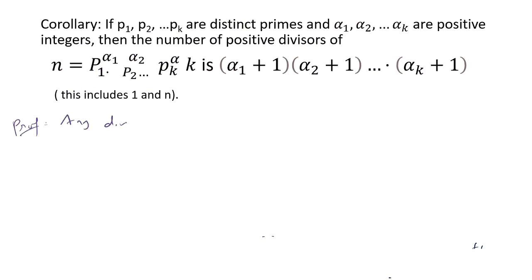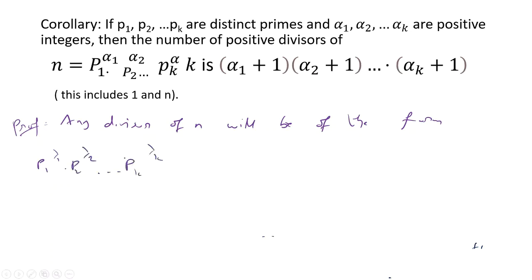Any divisor of n will be of the form p1 power lambda 1 times p2 power lambda 2 and so on up to pk power lambda k, where lambda i can vary from 0 to alpha i.